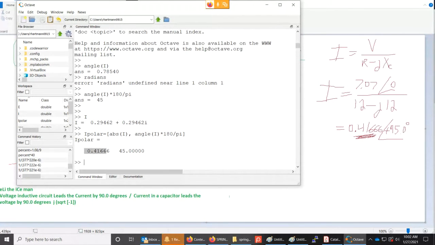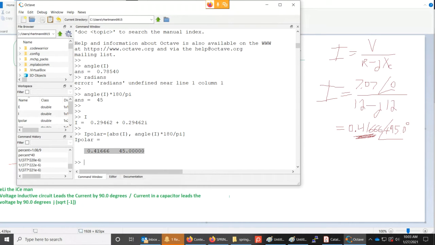And now I get the magnitude and the degrees in one line. So this is a way you can use the Octave software to display that.